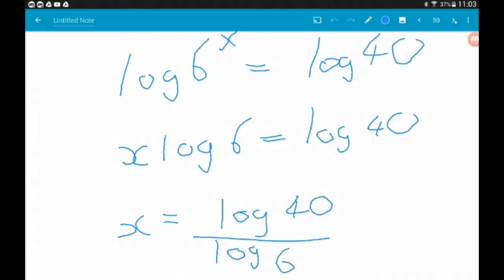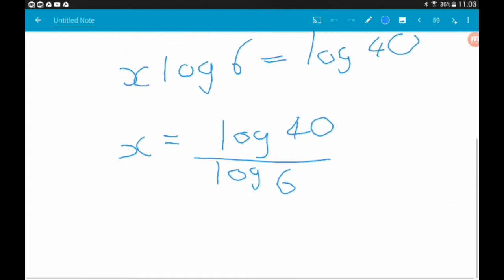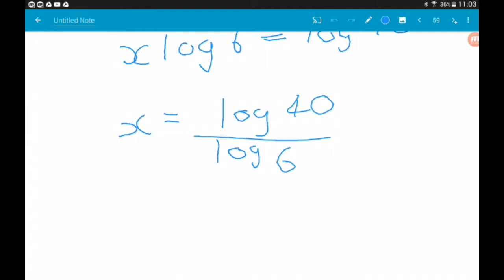The 40 and the 6 can't simplify because they are stuck in the logarithmic function. So if you put that in your calculator, you will again get x equals 2.059 to 3 decimal places. So that is the method that we're going to use going forward.